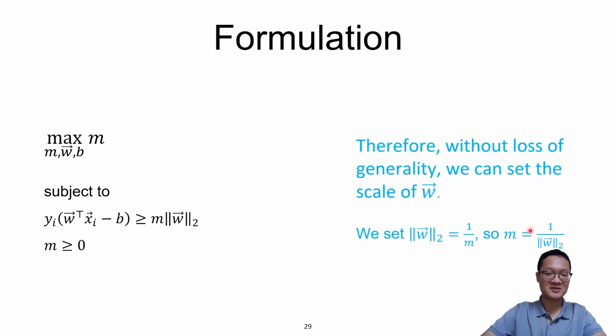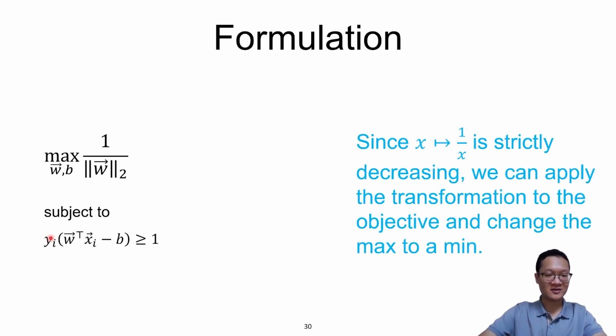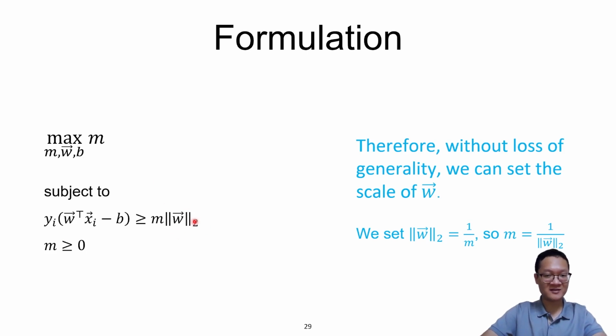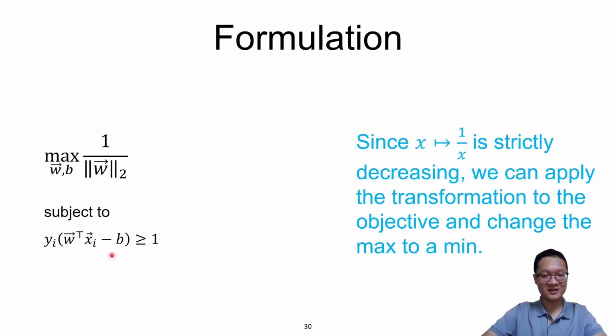So now we can substitute this value of m in here. And notice that this m is definitely greater than or equal to 0, so we can also ignore the last constraint. Okay, so having done all of that, the right-hand side is going to become 1. Over here, this m is going to be 1 over the 2 norm of w, and that's what we have over here.